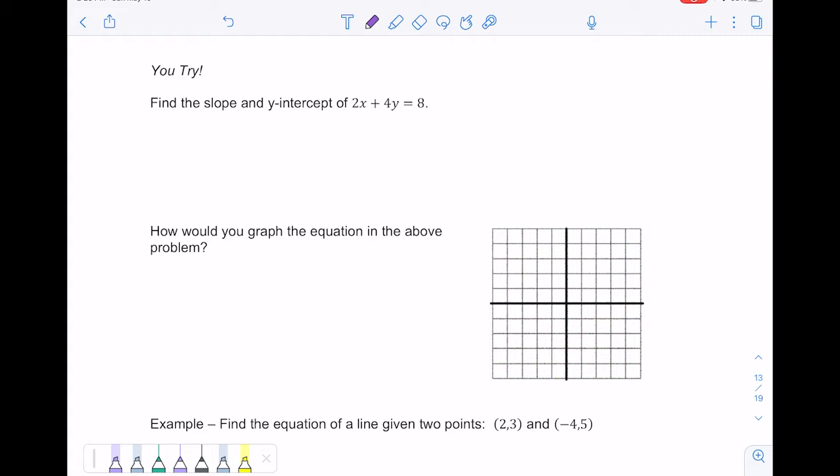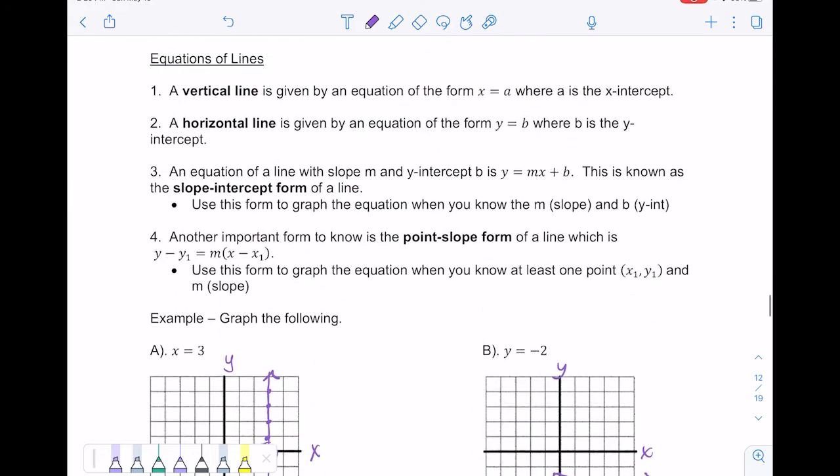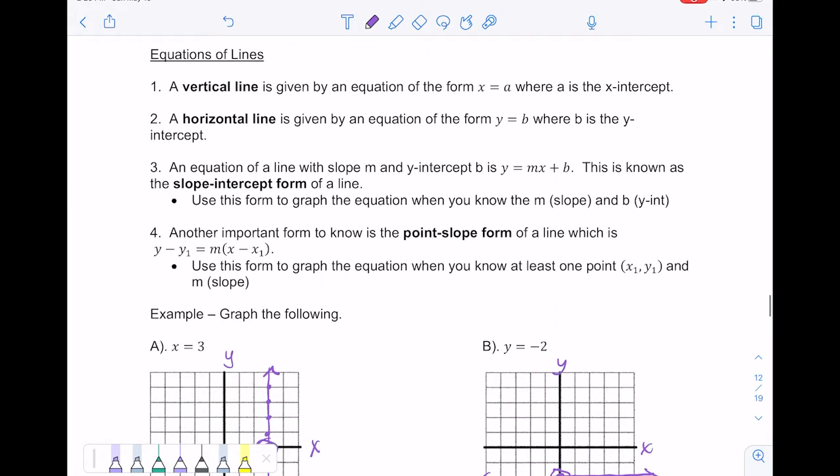So now in the next problem, I need to find the slope and the y-intercept. They're not given to me. So if we go back up and look at equations of lines, number 3, a special type or form of an equation of a line that we can write is y equals mx plus b. So remember that m is the slope and b is the y-intercept.